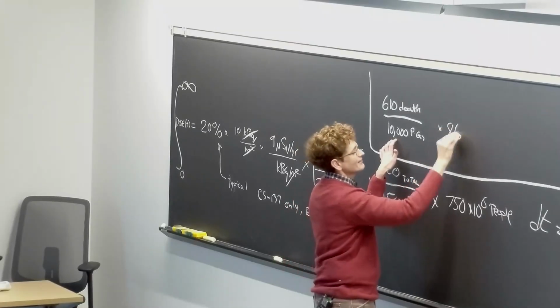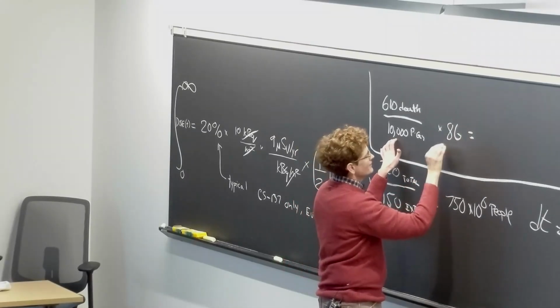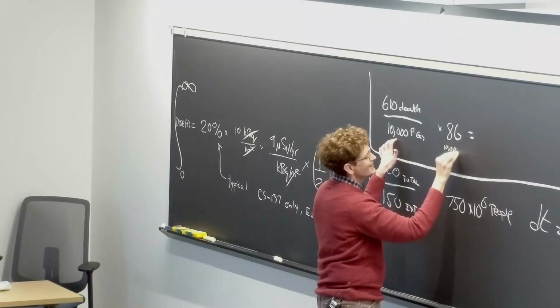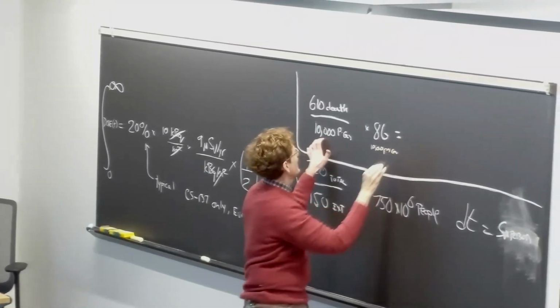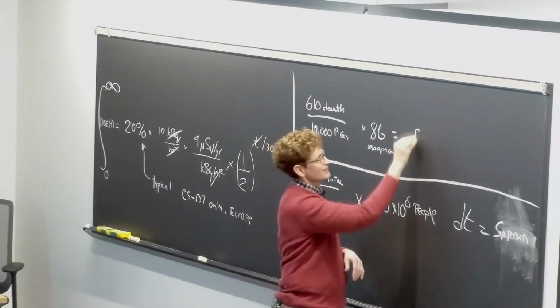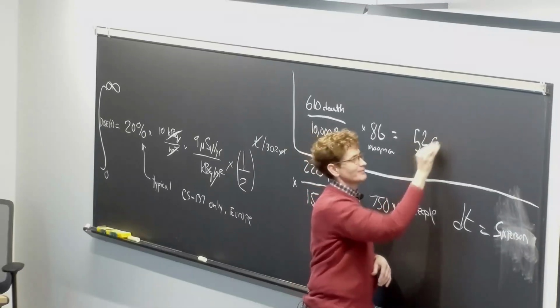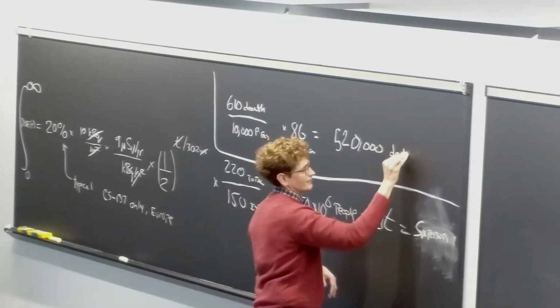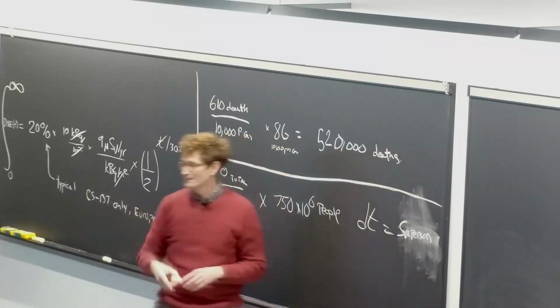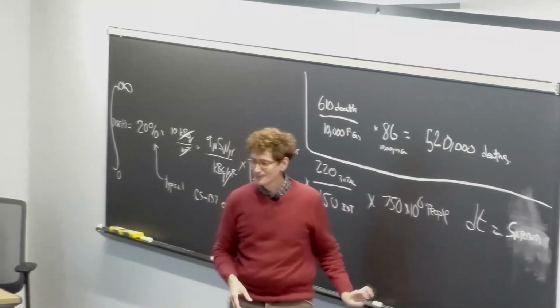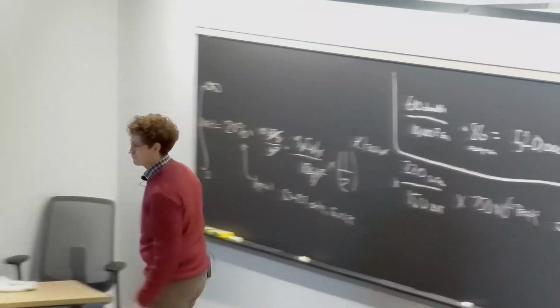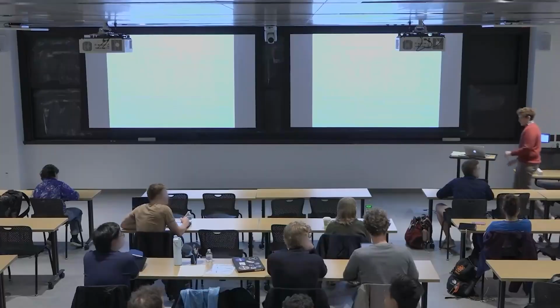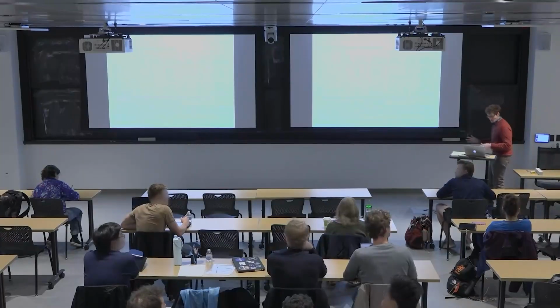So times 86, 100,000 person grays. And 610 times 86 is, I think, 520 deaths. So it basically matches that calculation, right? So that's nice to know that they both match. So, pretty close.